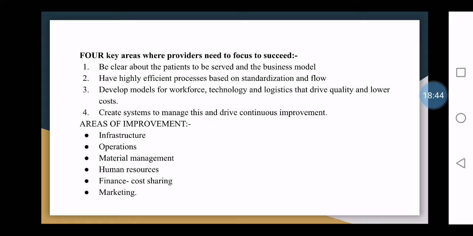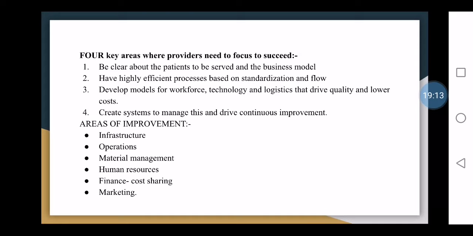The infrastructures, various financial operations, material management, how to utilize the material properly, how to manage the scarce resources. Maybe you will study more in depth about material management in your nursing administration subject also. Then the area of human resources, the wise use of human resources. Then finance or cost sharing.